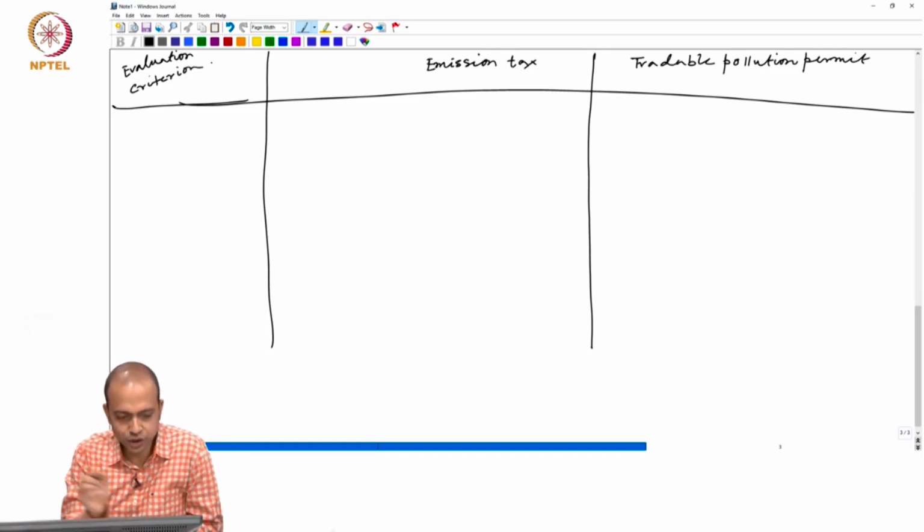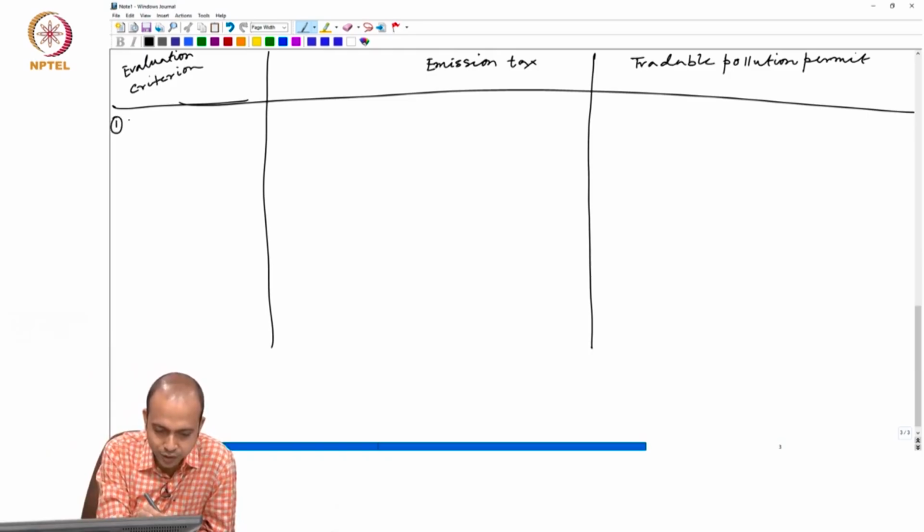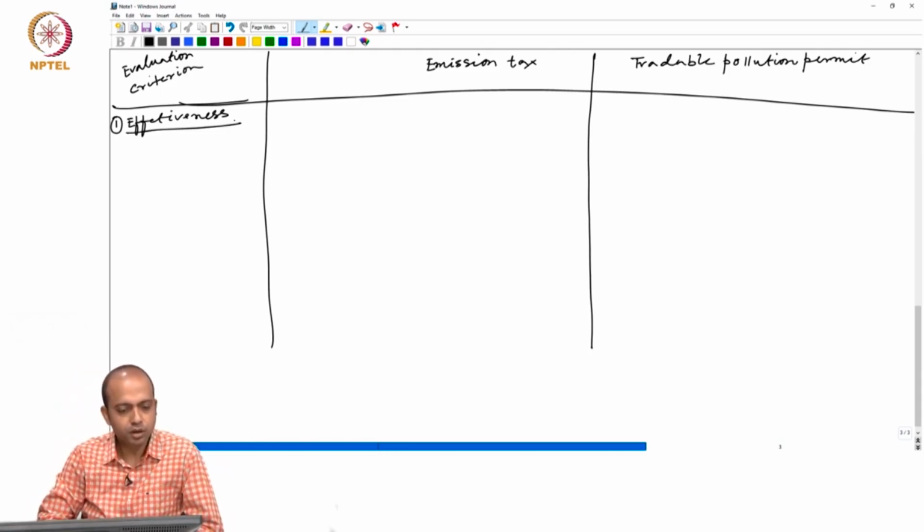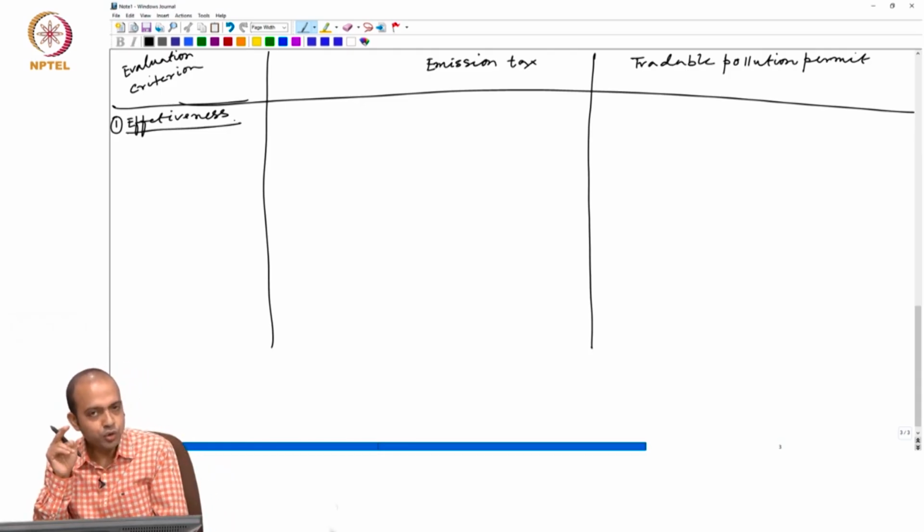So, the first evaluation criteria is, let us say, effectiveness. And what I told, that effectiveness depends on objective.